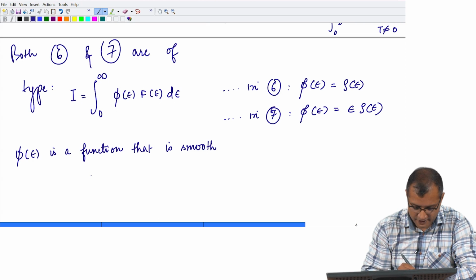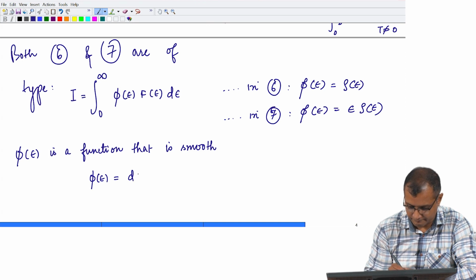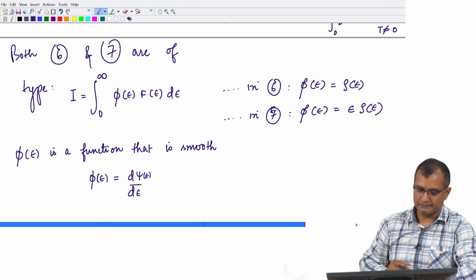So, I can write down phi as a derivative of some function.